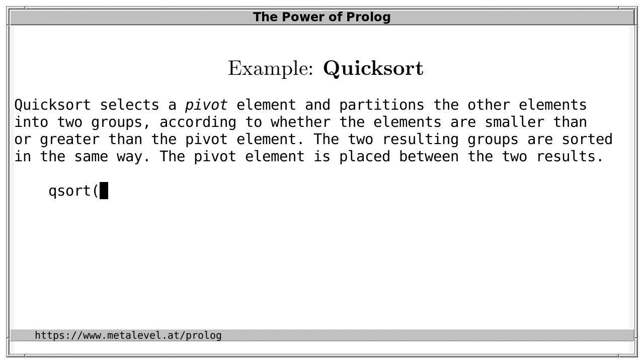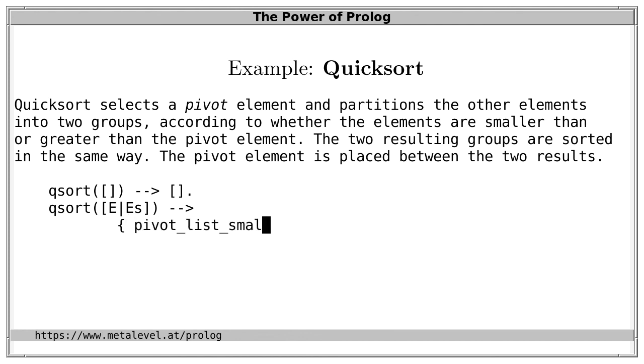So let's define the empty list sorted is the empty sequence. And a list with at least 1 element E and possibly further elements Es sorted means that we choose a pivot element and partition the remaining elements into two groups. So let's take, for example, the very first element, E, as the pivot element.